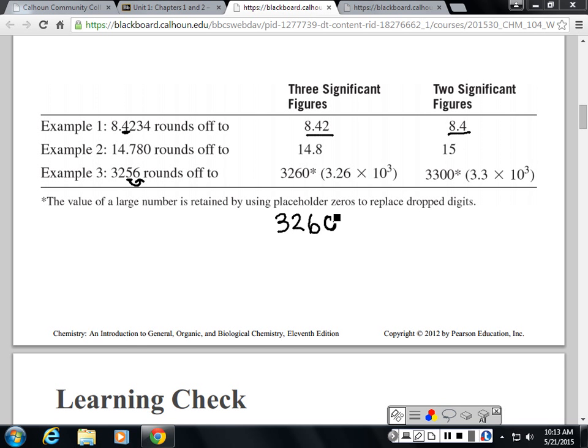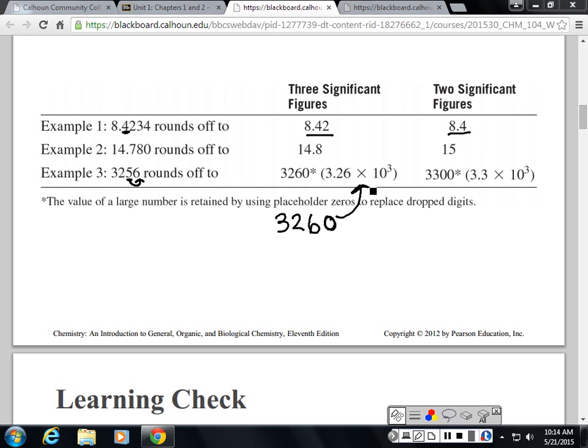You can't forget that you still have that place there. Even though you dropped that number, you raised that 5 up to a 6, you still have the number 3,260, which in scientific notation looks better like this.